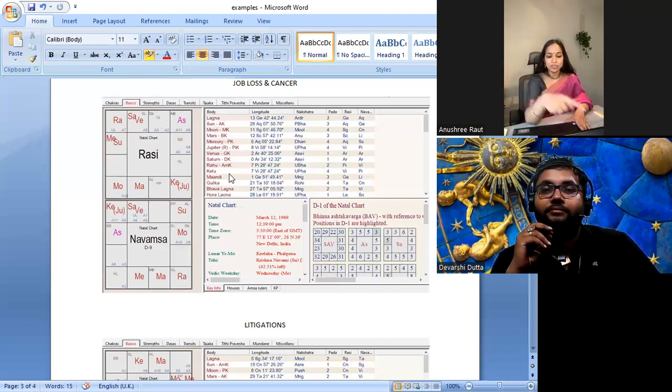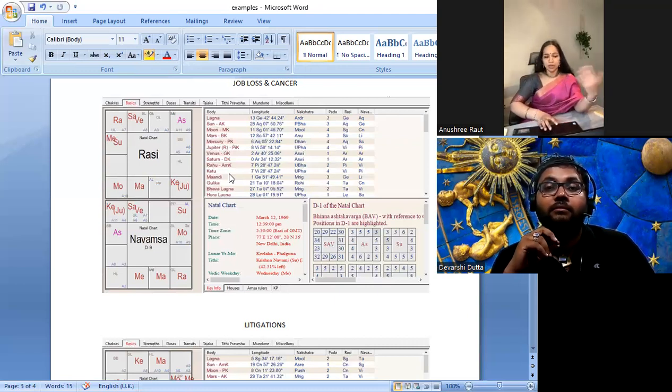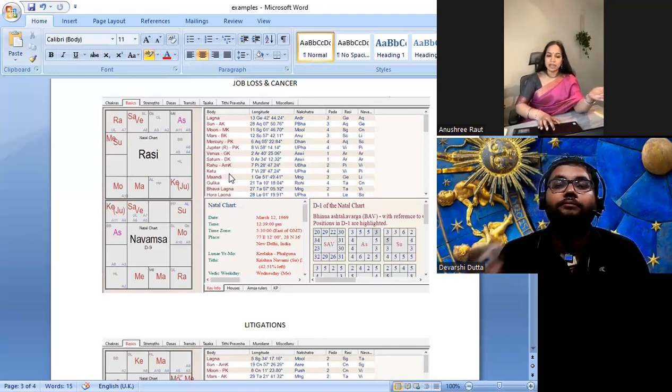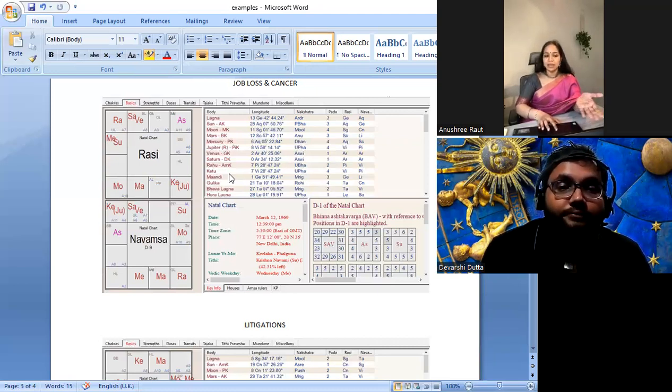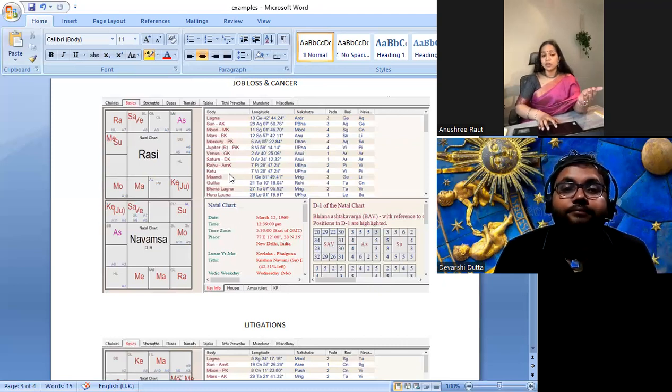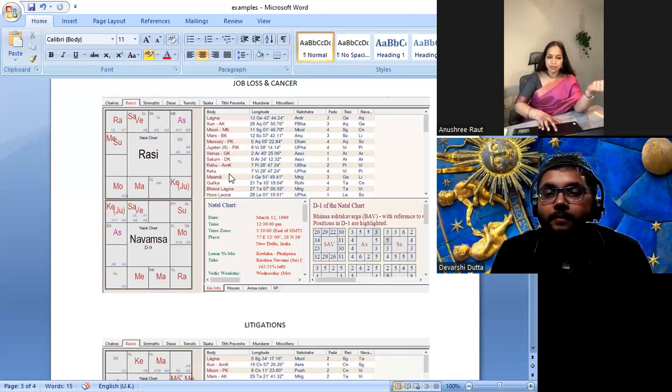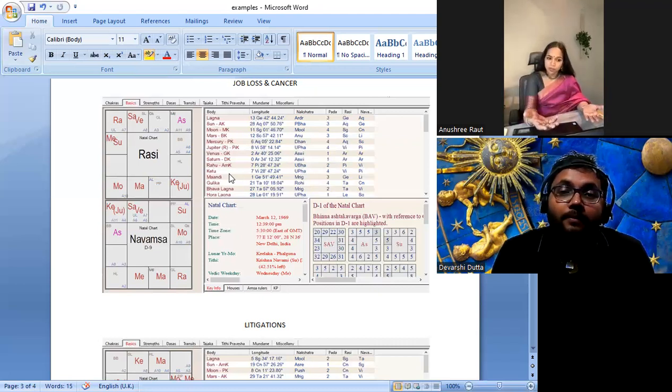So see how this relates: Atmakaraka, Darakaraka Sun wants to do his own thing, and Saturn has gone to Aries, the exaltation sign of Sun. So this is how his soul purpose and his soul evolved, with the death of his father, with his own chronic disease, and then the career.